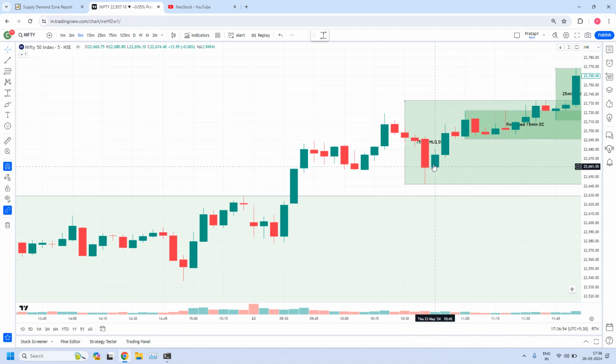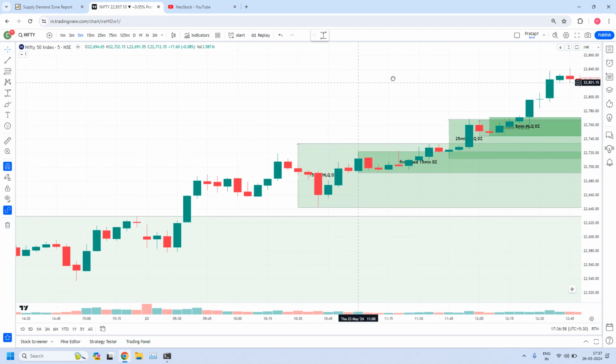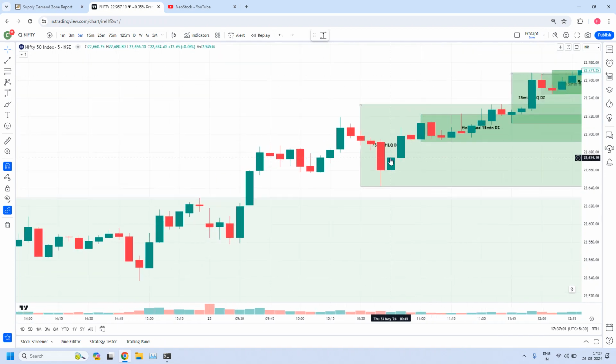This is not a fine-tuned zone. This is a normal demand zone. You can't take a trade. If you take a trade, this is going to be an aggressive trade. But an aggressive trade should always be supported by price action clues. Without price action clues, you cannot take an aggressive trade. If you take many times, those zones will be easily violated.